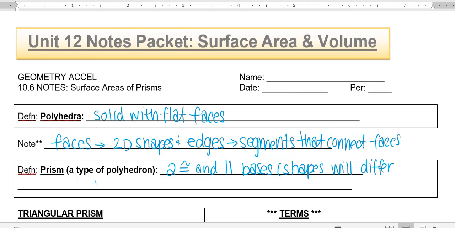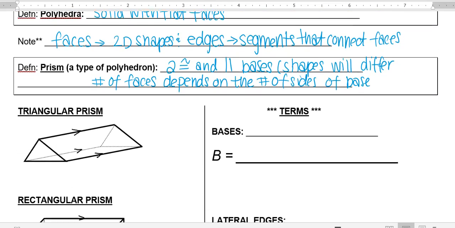And then our number of faces depends on the number of sides of the base. All right, so let's kind of go into what I mean by that.